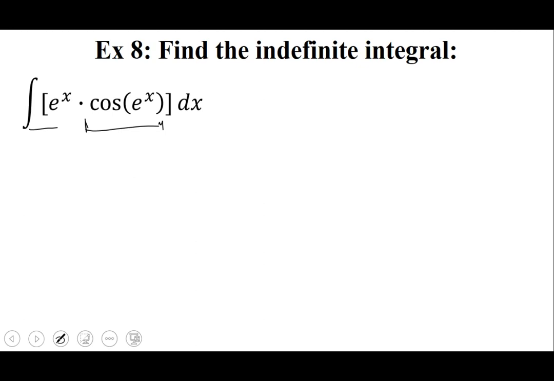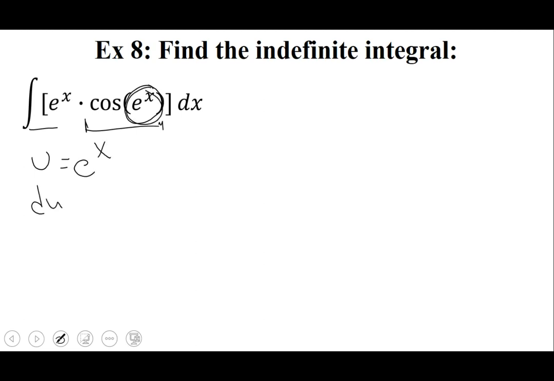And then more specifically, you're actually going to look inside of the cosine. Remember back when we were first doing u substitution, you're going to try to identify the more complicated piece, which in this case is the cosine of e to the x. Then you're going to make u the innermost function, which in this case actually is e to the x. So we're going to make our u equal to this e to the x.